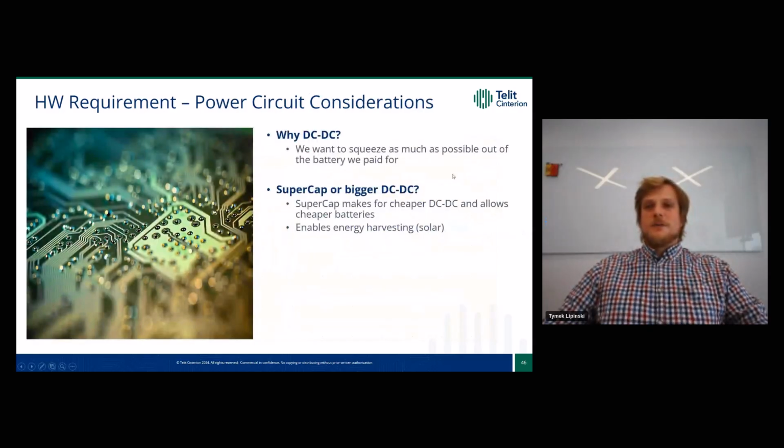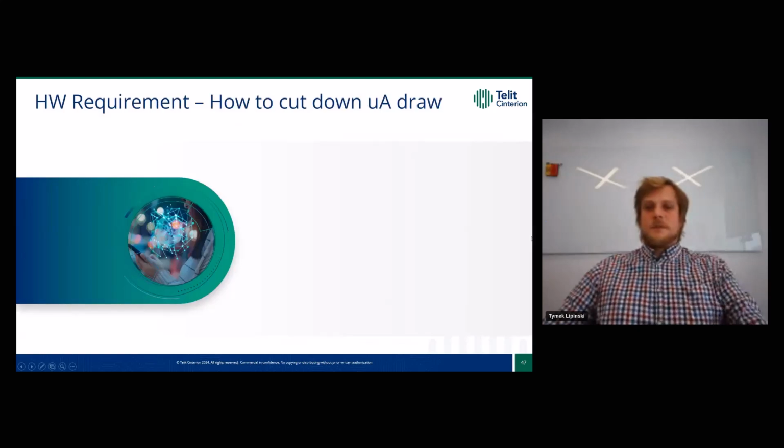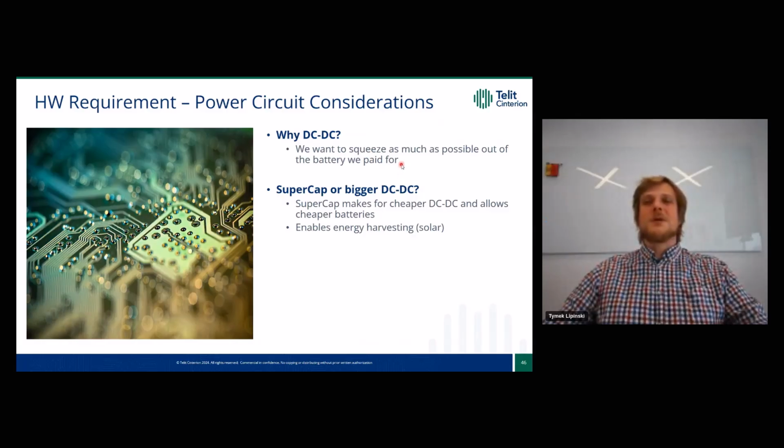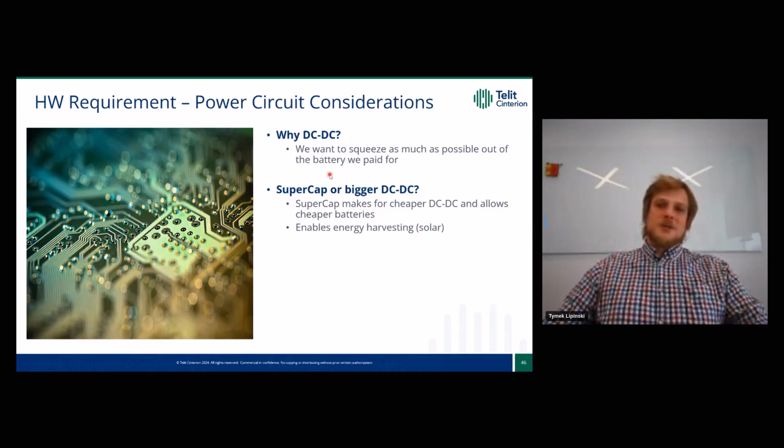Why are we even using DC to DC? Well, of course, we want to squeeze as much as possible out of the battery we paid for, so every single microwatt hour is precious, right? Shall we use a supercap or maybe even a bigger DC to DC?